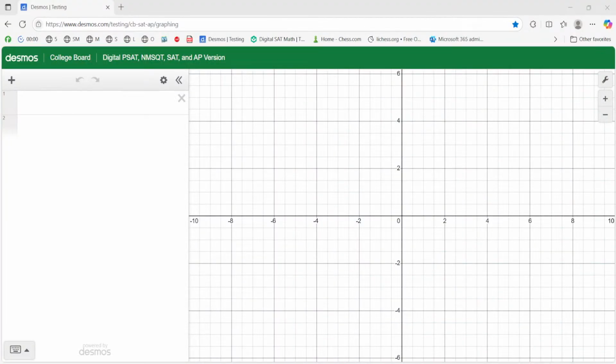Yes, I think you can use Desmos for this. You just have to type desmos.com. Let me give you that in the chat. Just type whatever I gave in the chat, and you will be redirected to what you are watching on the screen.